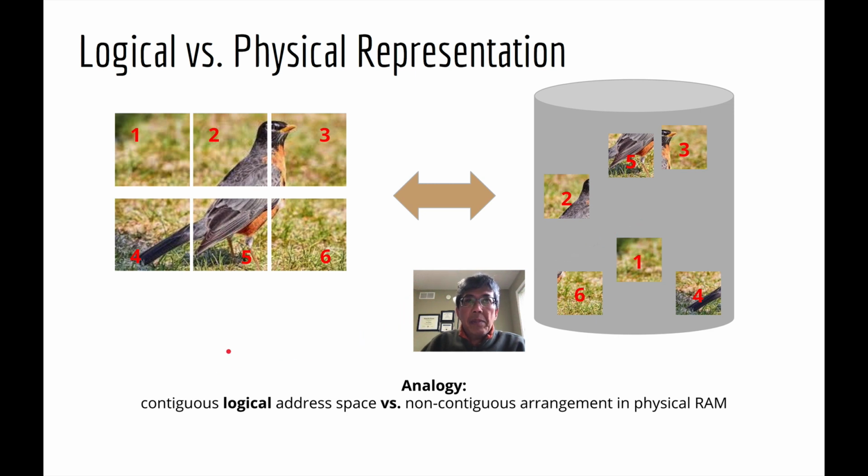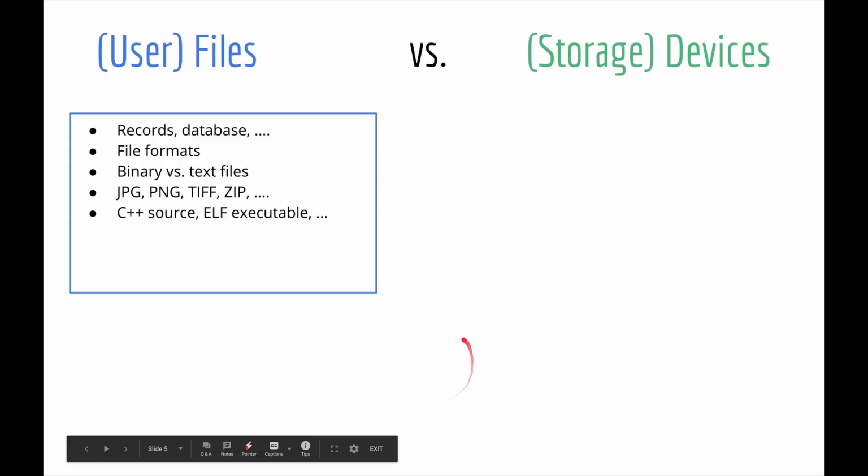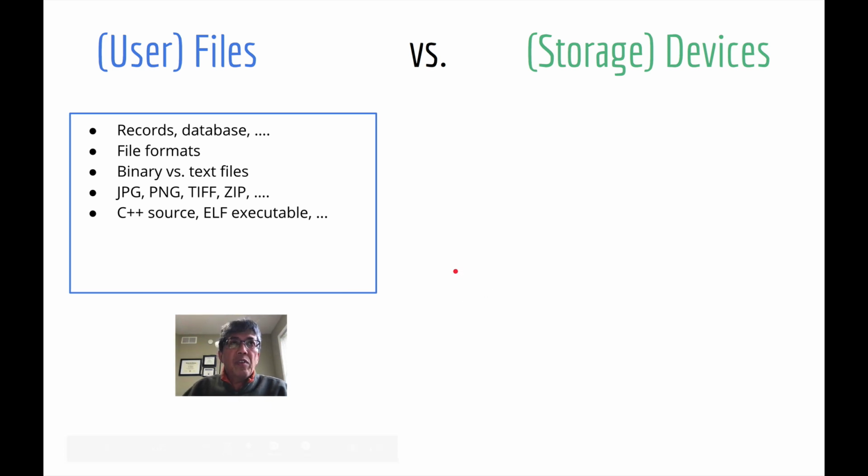This is pretty much a similar concept to what we learned in memory management. Contiguous logical address space is mapped into non-contiguous physical frames in your RAM. There's also a major difference between the user point of view of files versus the system point of view of storage devices. For instance, the user thinks in terms of records, database tables, file format, whether the file is binary or text.